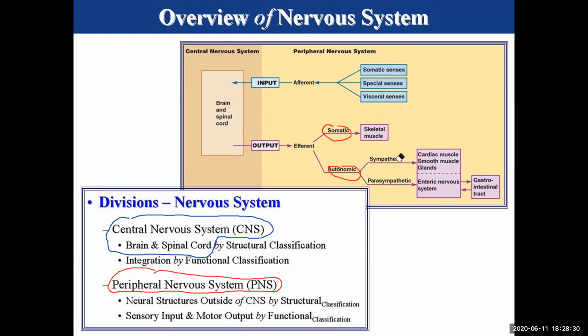And under sympathetic, the effector organs are cardiac muscle, smooth muscle, glands, and adipose tissue. So add to that, adipose tissue. Parasympathetic targets the enteric nervous system, more specifically the digestive system.